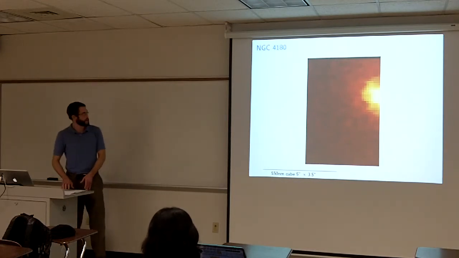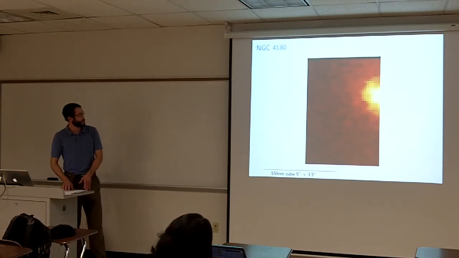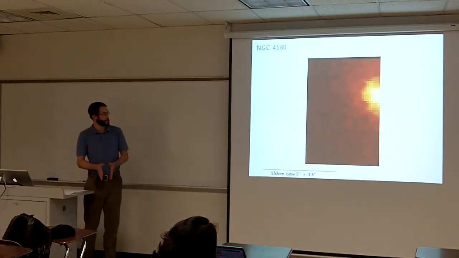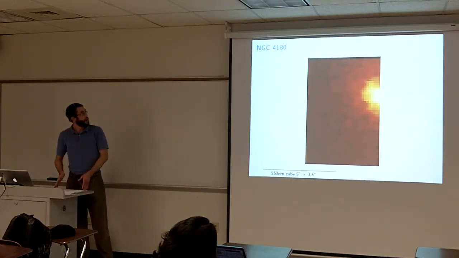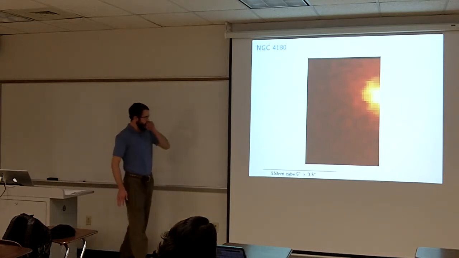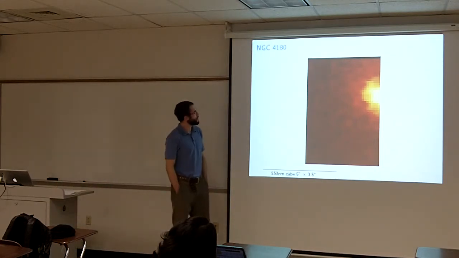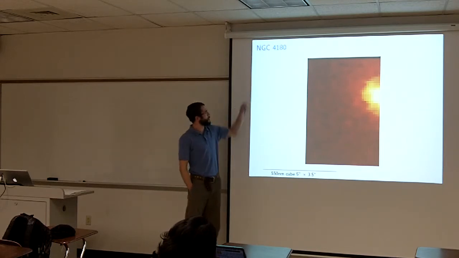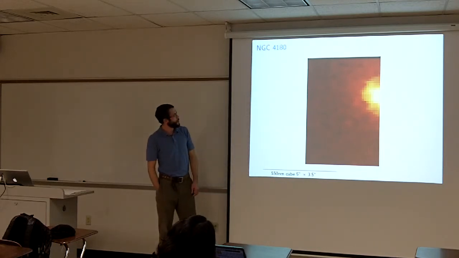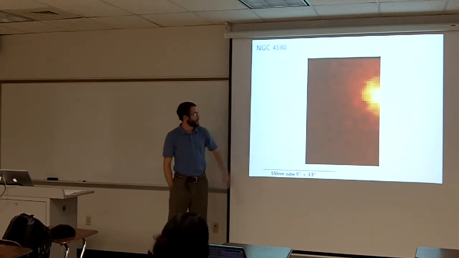There are two parts about this data cube, which is shown here. This is the central kiloparsec of the galaxy. But as you can notice, there is a black bar at the top of the image, and the image is kind of cut in half.